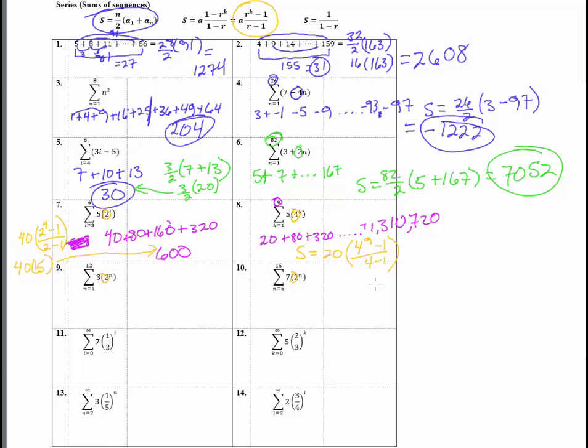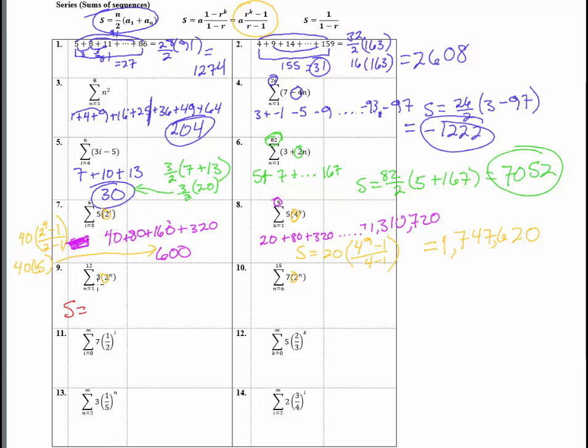And then I'm going to divide that by 3. And I get 87,381. And now times by that 20. And it all equals 1,747,620. Whew, big number.